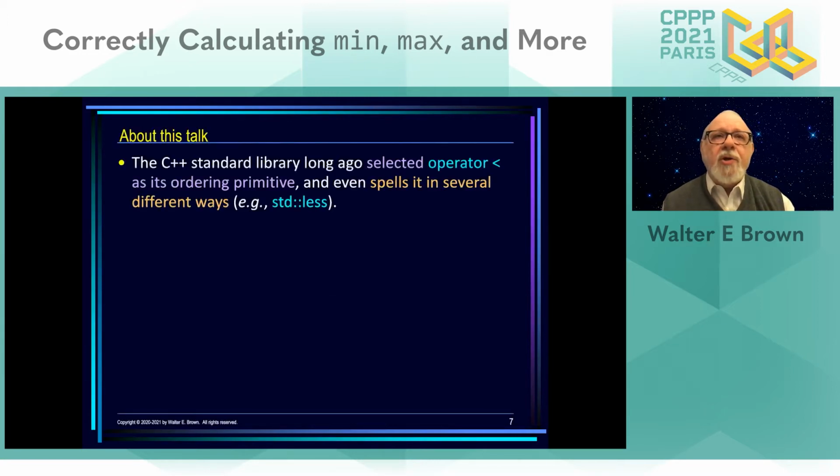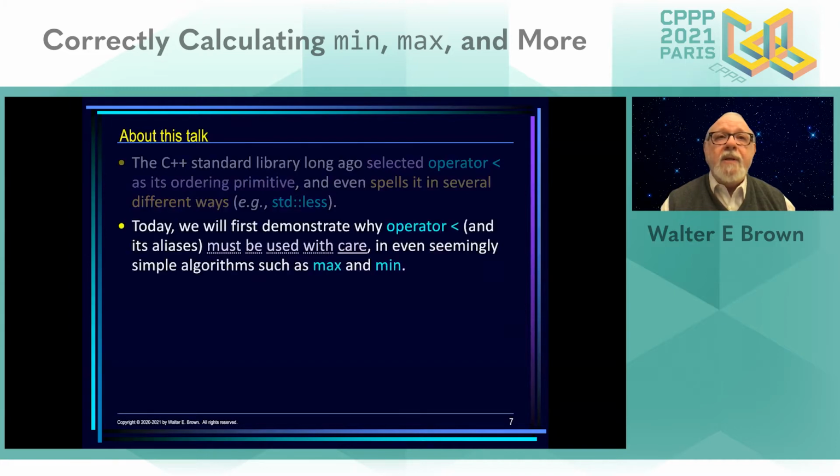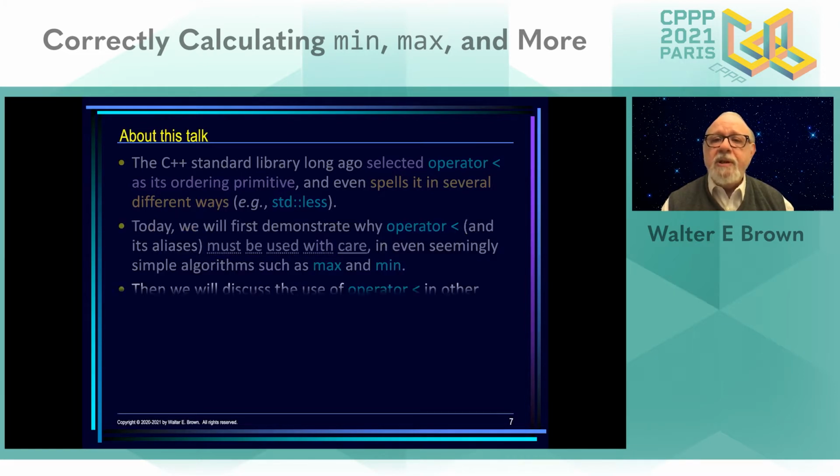So, as we all know, the C++ standard library, about 25 or more years ago, selected OperatorLess to be its ordering primitive. And it actually even spells that primitive in several different ways, for example, standard less. But today, first I will demonstrate why that OperatorLess and its aliases must be used with care, even in seemingly simple algorithms such as max and min, and we'll look at others, of course.